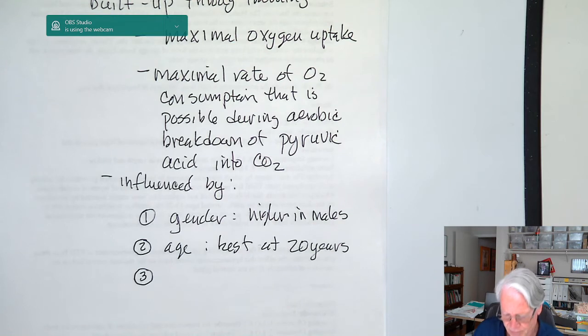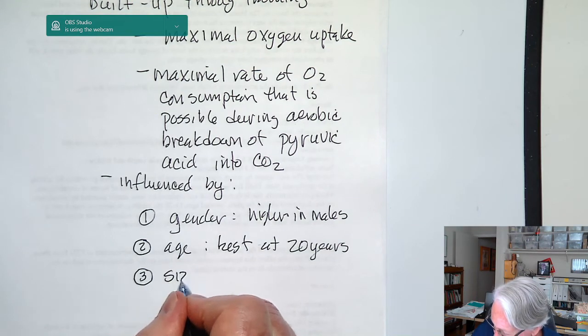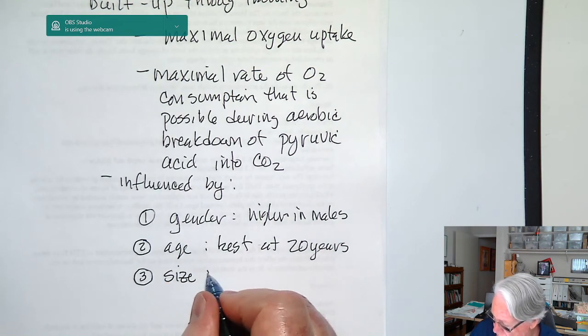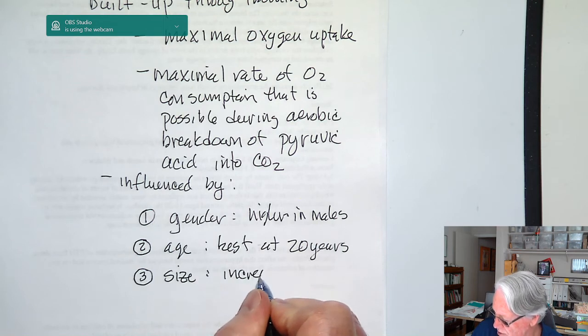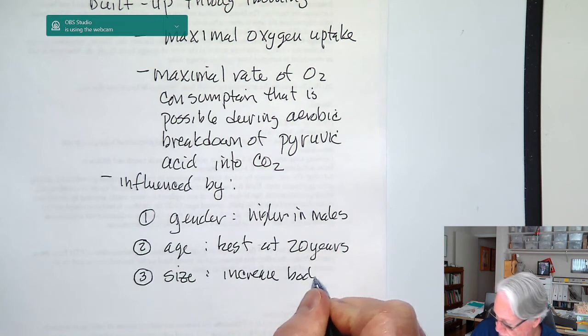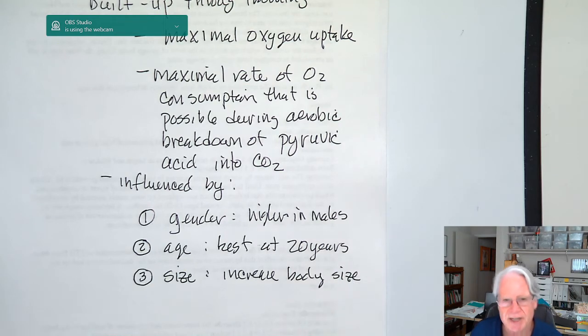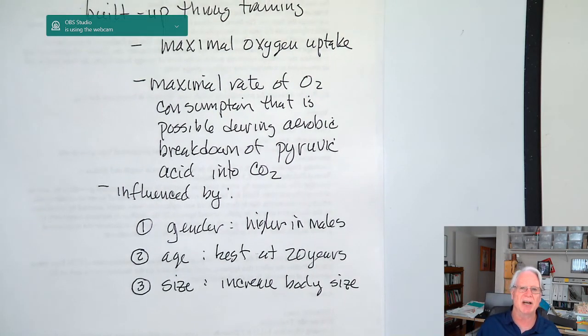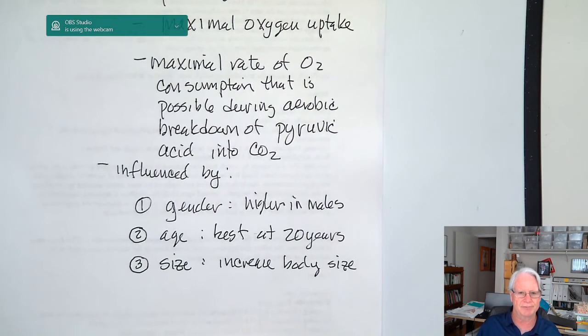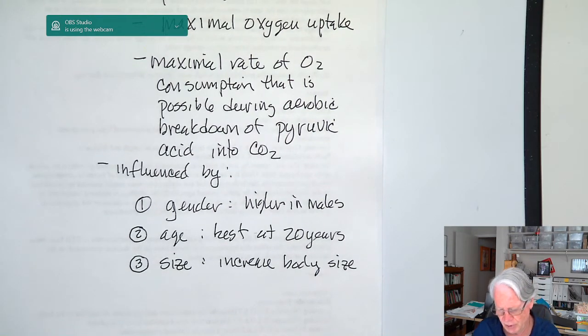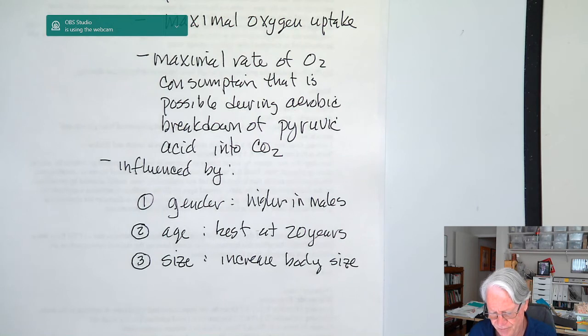Number 3, size. Okay? So increase in body size is related to a higher maximal oxygen uptake. You have more mass, more consumption of oxygen.